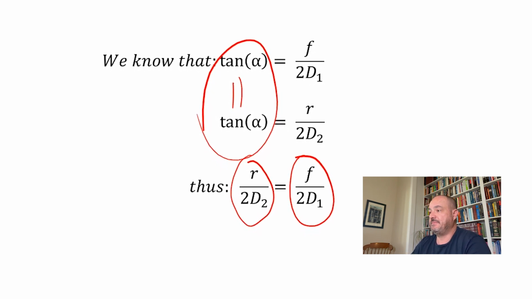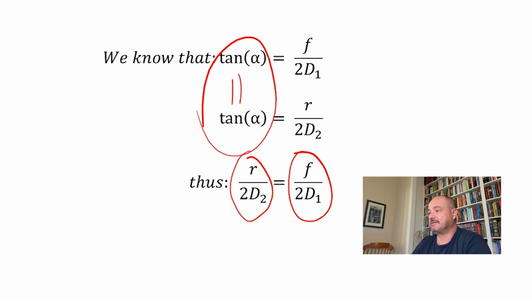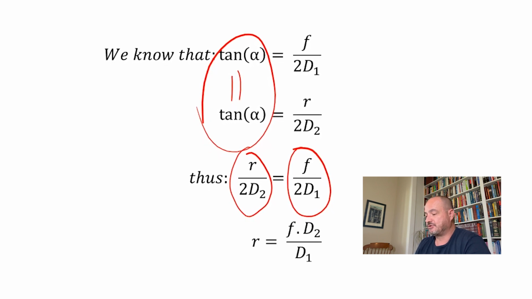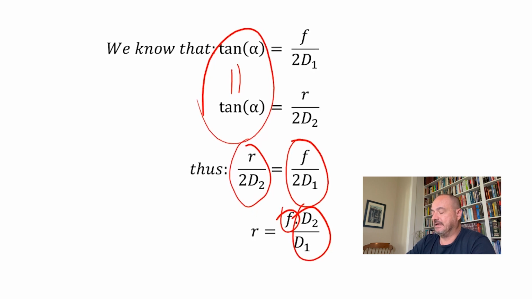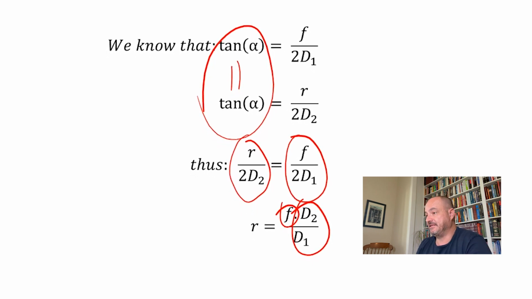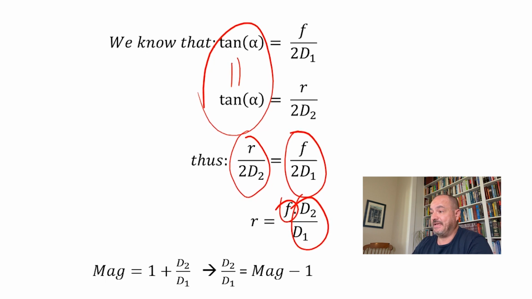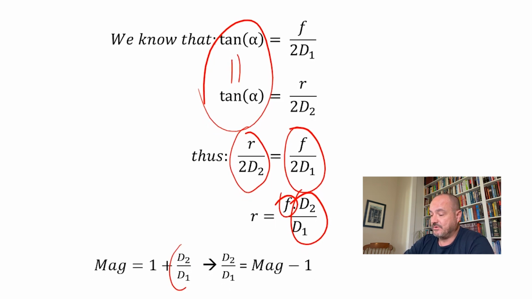So what does it mean? It means that our rs, our resolution on the source, is equal to f times d2 divided by d1.